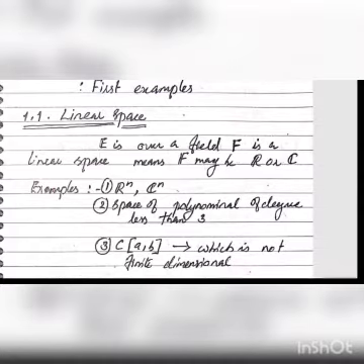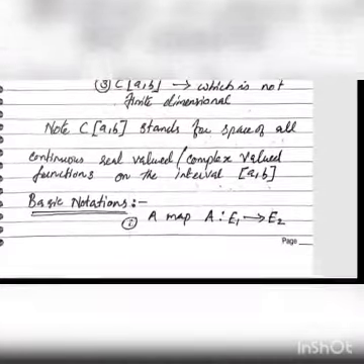That is your C[a,b]. Now examples 1 and 2 are finite dimensional spaces, but in example 3 we are dealing with an infinite dimensional space. So here is the explanation. C[a,b] stands for the space of all continuous real valued or complex valued functions on the closed interval [a,b]. So, some basic notations.